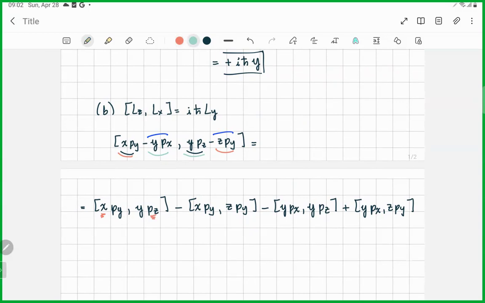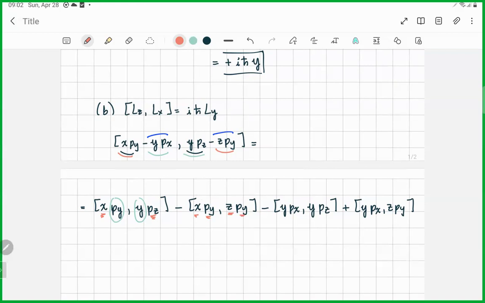But what is important in this story? This combination here. Yeah, very good. Now let's go to the next commutator. We have x, and we don't have any p_x. We have p_y, and we don't have any y. We have z, and we don't have any p_z. We have p_y, and we don't have any y.